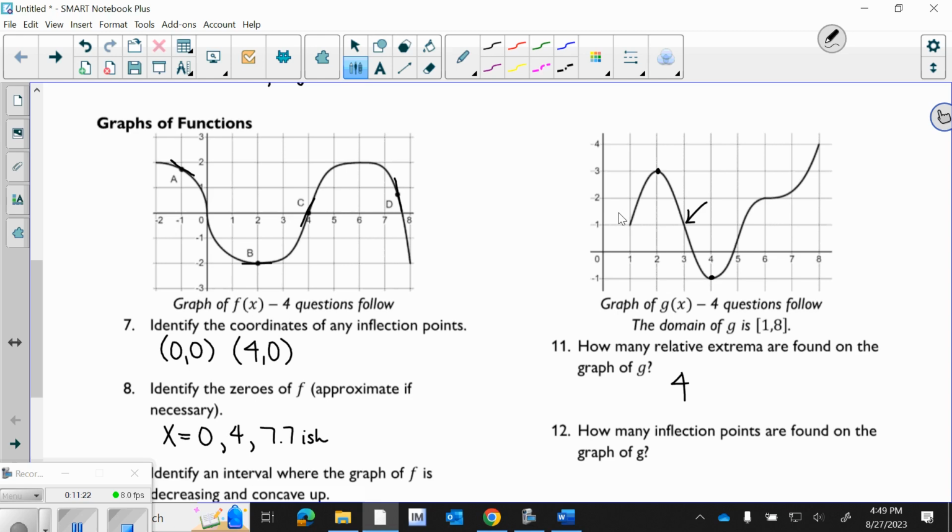I also know that an inflection point occurs when I have a change from concave up to concave down here as well. And in between these two, I'm changing from concave up here to concave down here, so I'm going to have an inflection point here. So I have 1, 2, 3 inflection points.